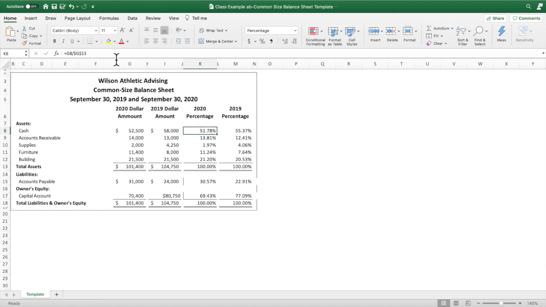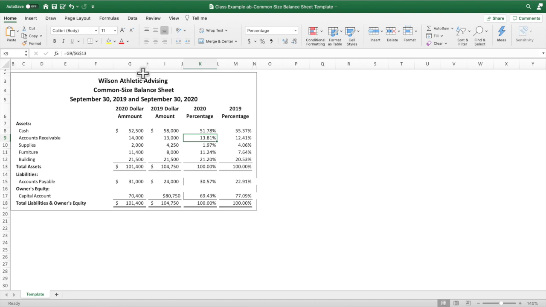So I'm going to go through it with you. Equals G8 divided by total assets, which is our base figure. We're going to make it an absolute number, telling Excel by putting dollar signs here.